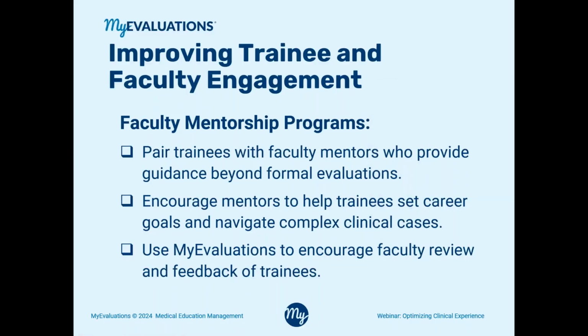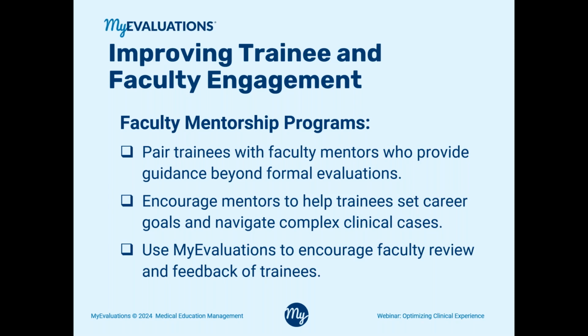The core idea here is to give those that specific access to the preceptors. That gives an opportunity for those preceptors to work directly with that resident to provide them more guidance beyond just that rotational evaluation.